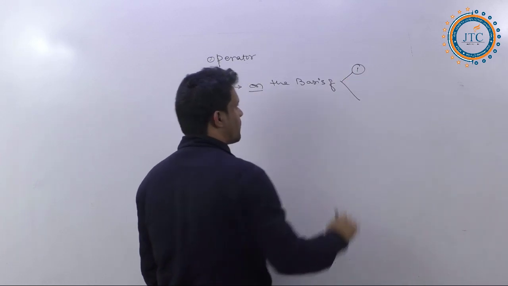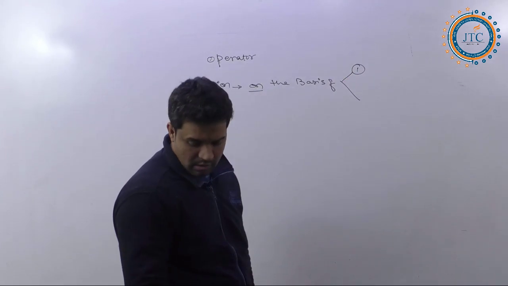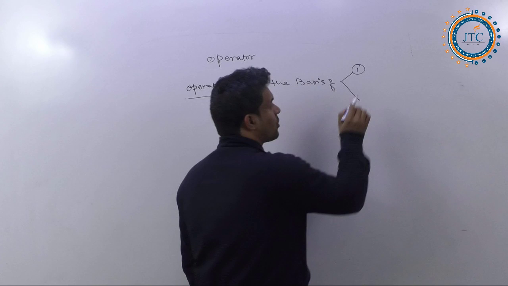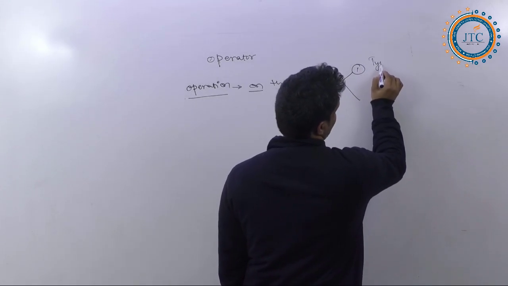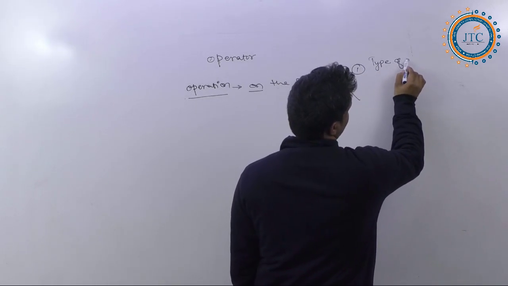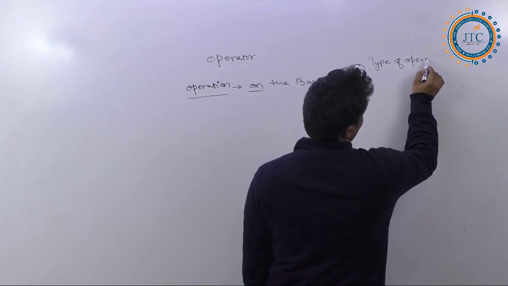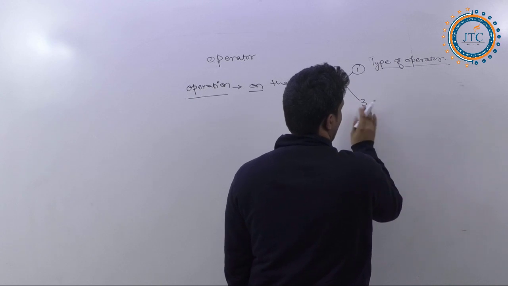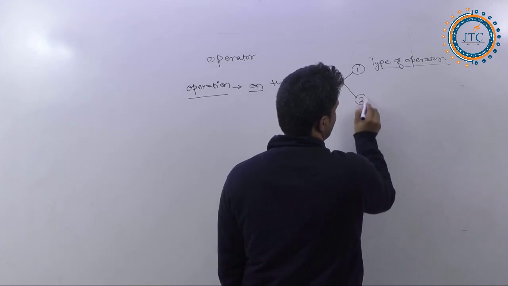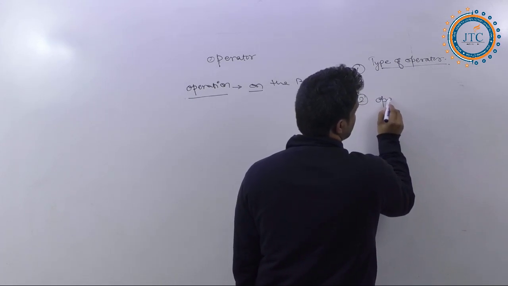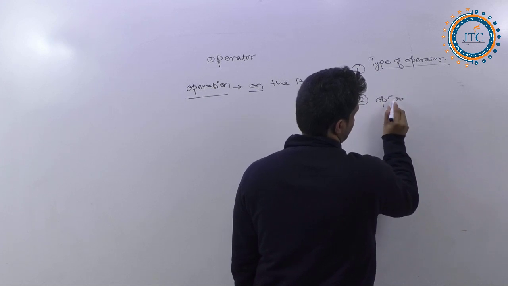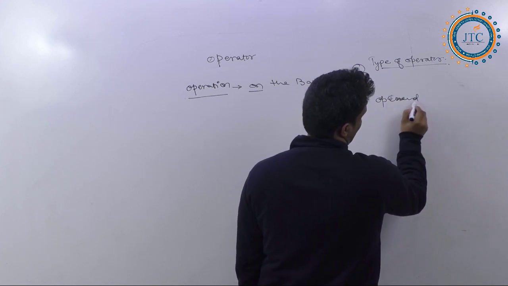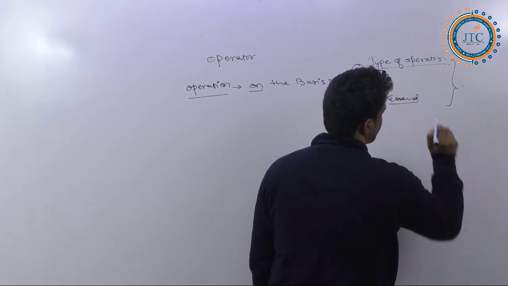One is the type of operator you are using, and the second one is the operand you have used.